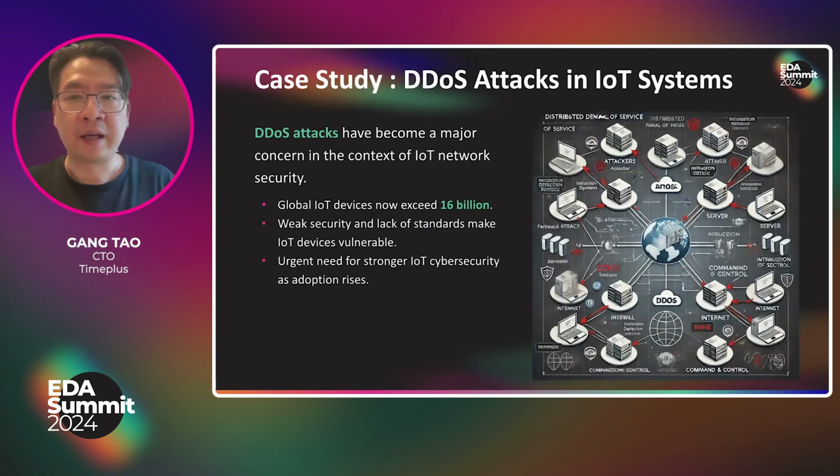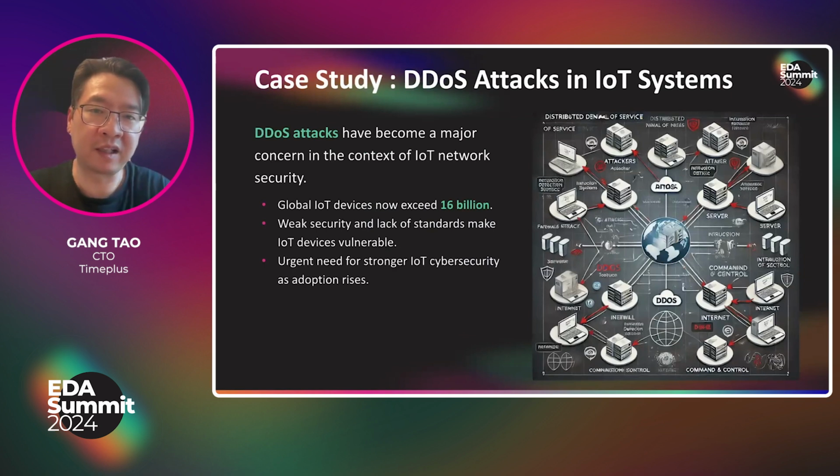Today I'm going to show you a case study about DDoS attacks in an IoT system, right? DDoS is a distributed denial of service attack. It has become a major concern in the context of IoT networks. Globally, there are more than 16 billion devices today, so it's a large number.